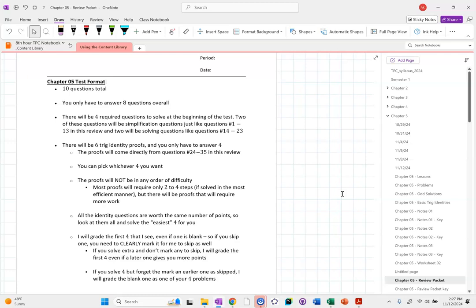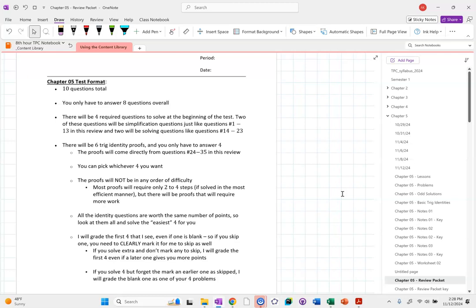2 of them are simplifying, just like we did on the homework quiz or the first couple of homeworks. The second 2 are solving, just like we just did. The next 6 are trig identity proofs. You need to pick 4 out of those 6 to do. Any 4 is fine. So if you have one where it's just like, I don't know what the heck to do with this, it gives you the ability to skip.